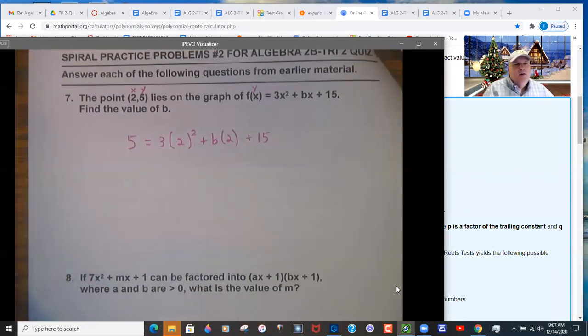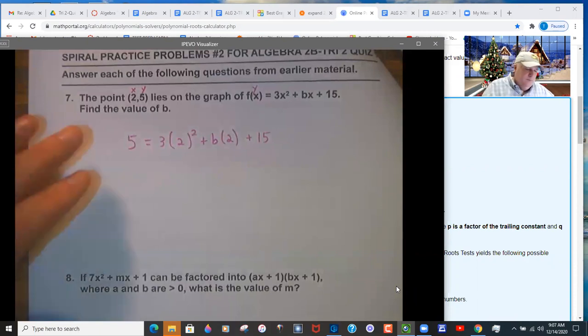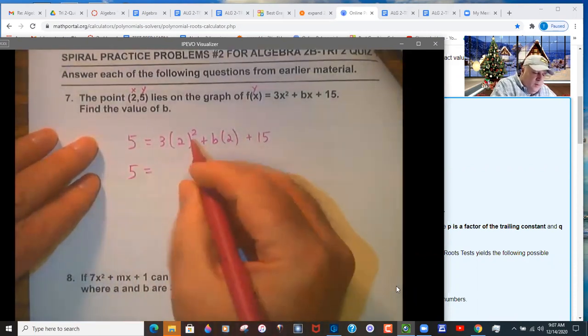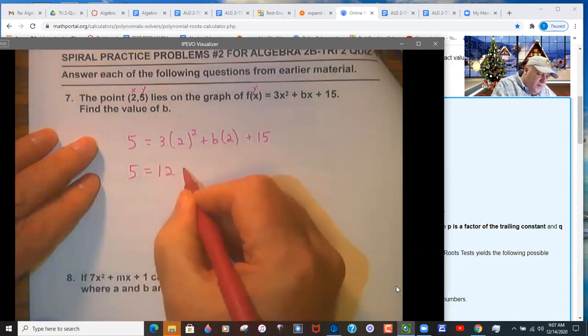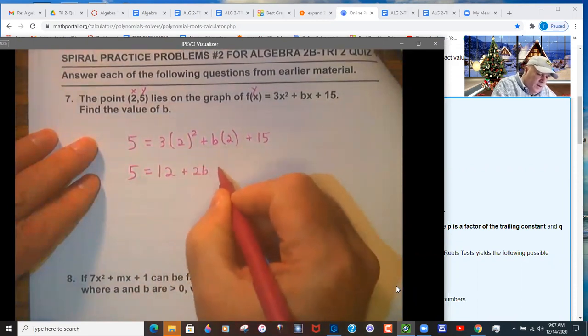A lot of the problems you're going to get for your spiral are like SAT style problems, but it has a little bit to do with what we've done. 5 in for y, 2 in for x. Solve it out. Okay, so this would be 12 plus 2b plus 15.